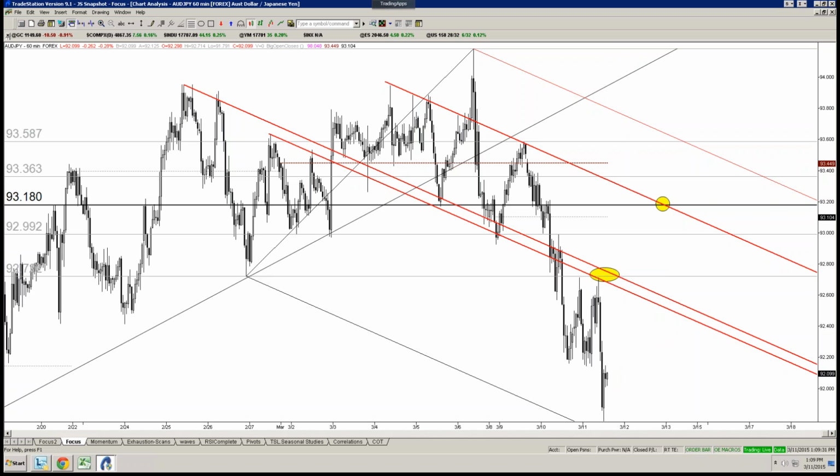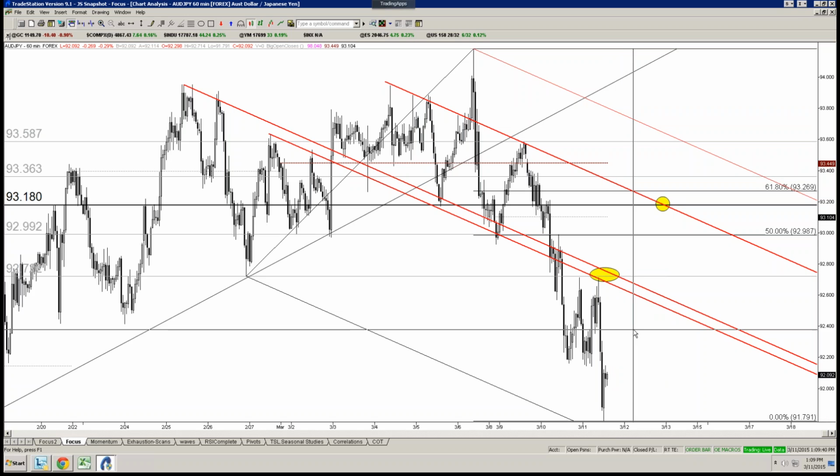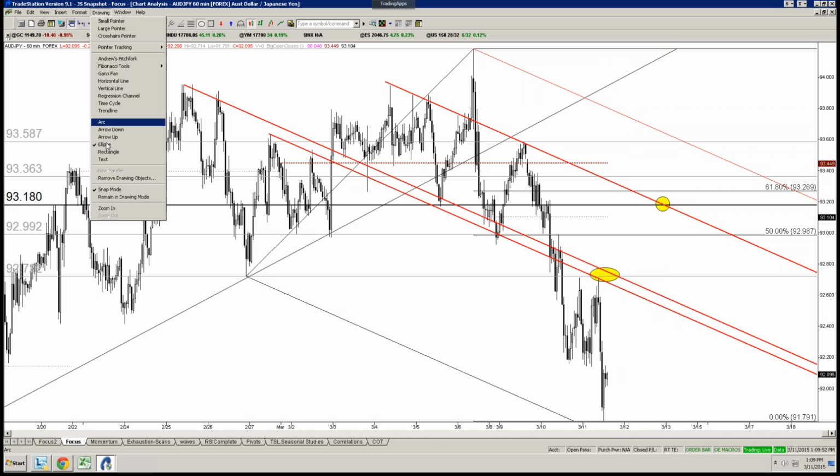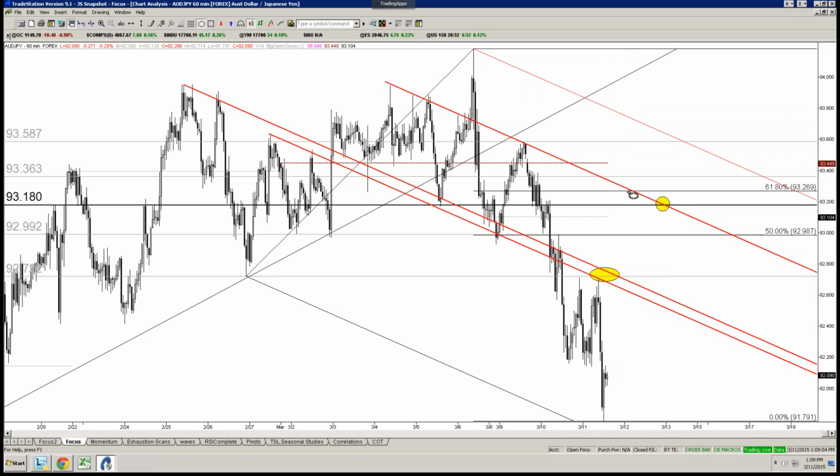Actually, what I'd like to do here is draw a fib. I want to see where 93.27 is a 61.8. That could be an interesting level if we get up in there at some point. The exact intersection would be tomorrow during European hours, but something to think about, or at least label it so you're ready for it if it happens, right?